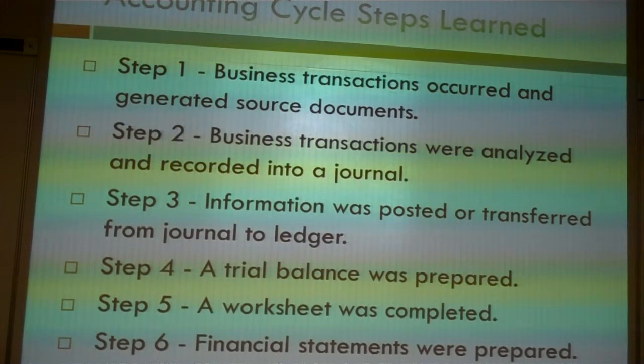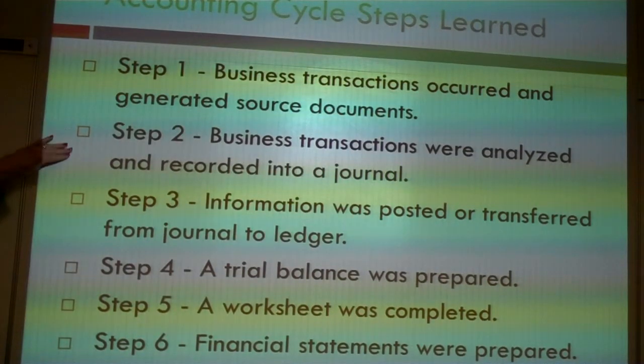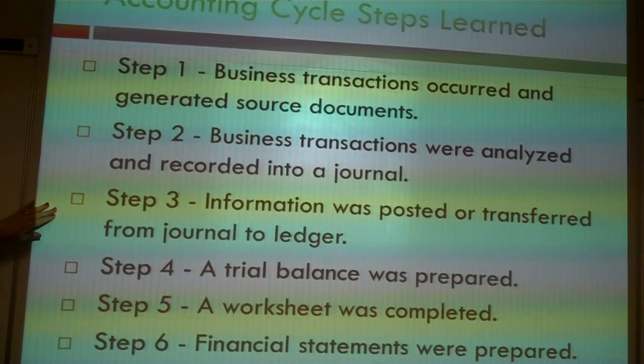The accounting cycle that we've done so far, there's a great picture in your book of what we did: the business transactions, and you're going to be doing that as you work through Sullivan. Source document recorded in the journal. We have to analyze those source documents to decide what the debit is, what the credit is, and then we're going to post from the journal to the ledger. You'll get that practice in Sullivan.